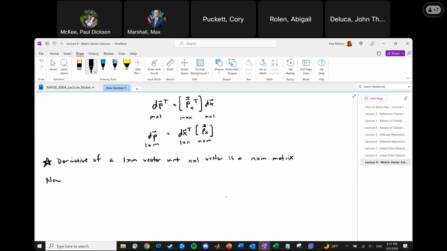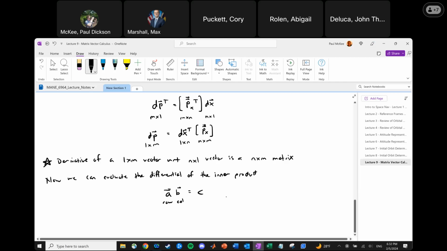Now we can evaluate the differential of the inner product. So suppose that some vector A, which is a row vector, times some vector B, which is a column vector, is some scalar C. Because when we have a row vector times a column vector, that gives us a scalar, right?